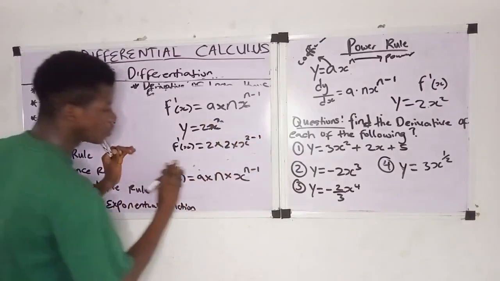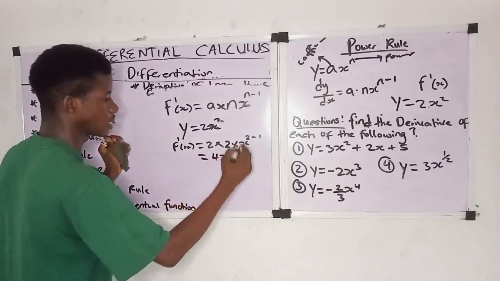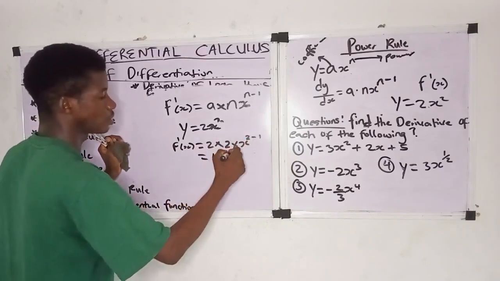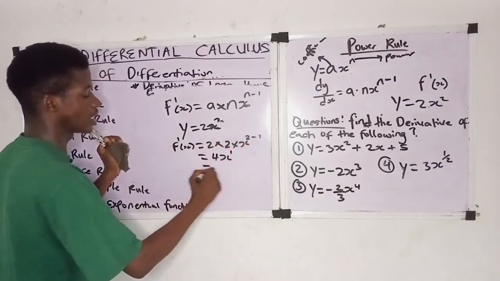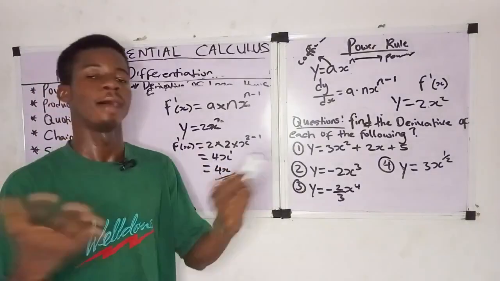Continuing, 2 times 2 is 4, then 4 times x is 4x, and 2 minus 1 gives us 1. So our answer is 4x. This is how you solve questions under the power rule.